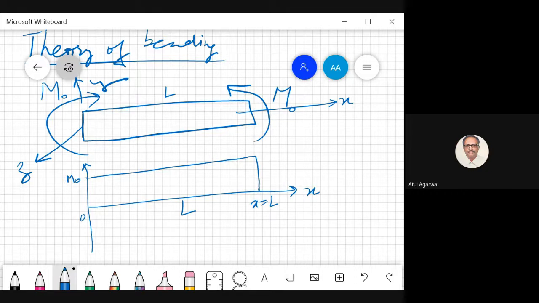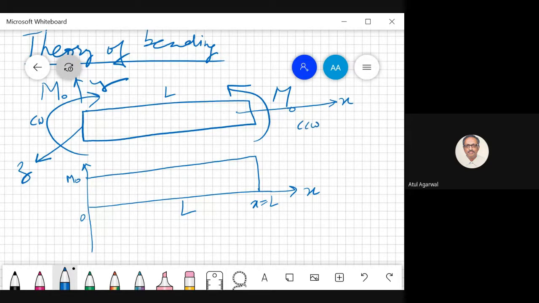So that is the moment applied at the right hand. And there is a moment at the left hand. So moment applied at the left hand is M naught. You see that M naught is clockwise, and the moment applied at the right hand is counterclockwise.